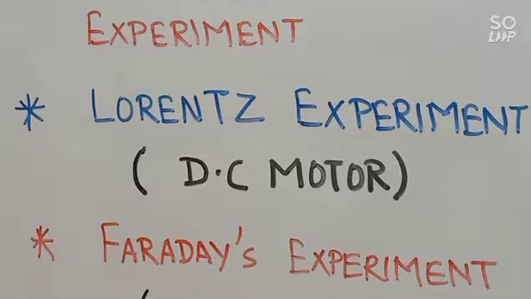The last experiment that we will be working on is related to Faraday's experiment, on which the AC generator works. According to this experiment, Faraday found out that when there is a relative motion between a magnet and a solenoid, there is a change in the number of magnetic field lines per unit area, that means the magnetic flux.